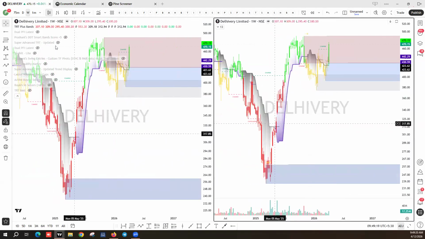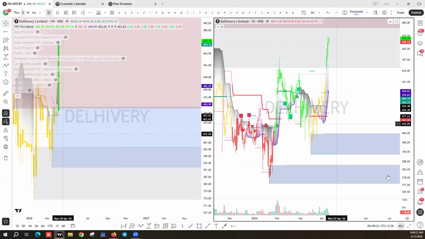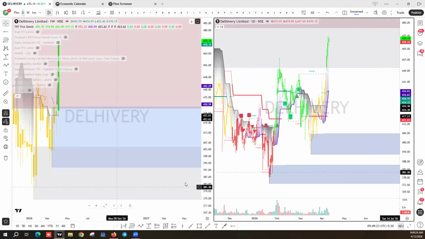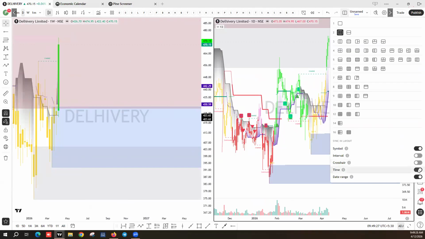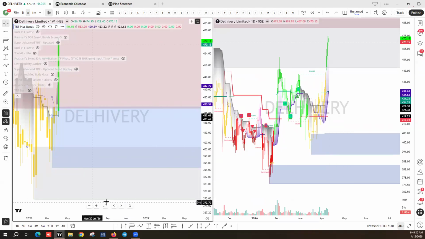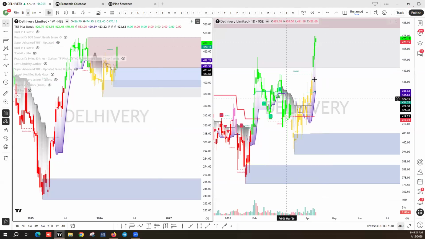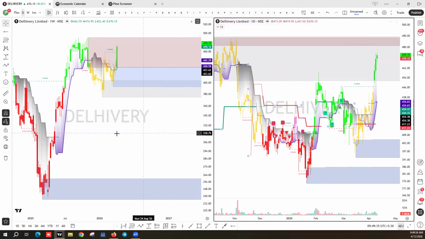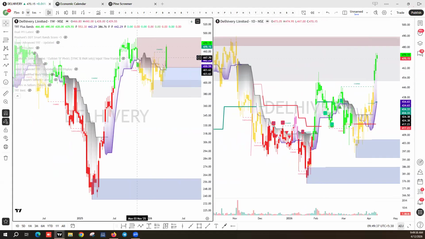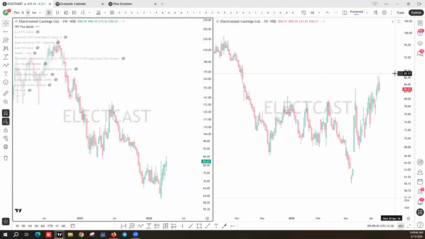Left side is weekly, right will be daily. So delivery turned to green color here, and it is already green on daily chart.